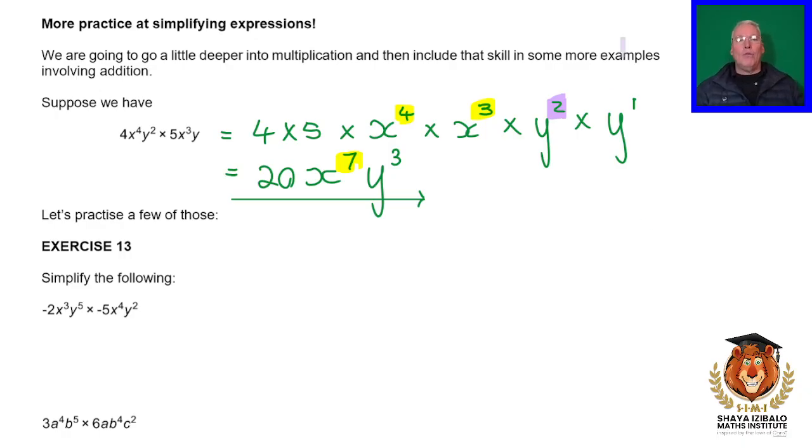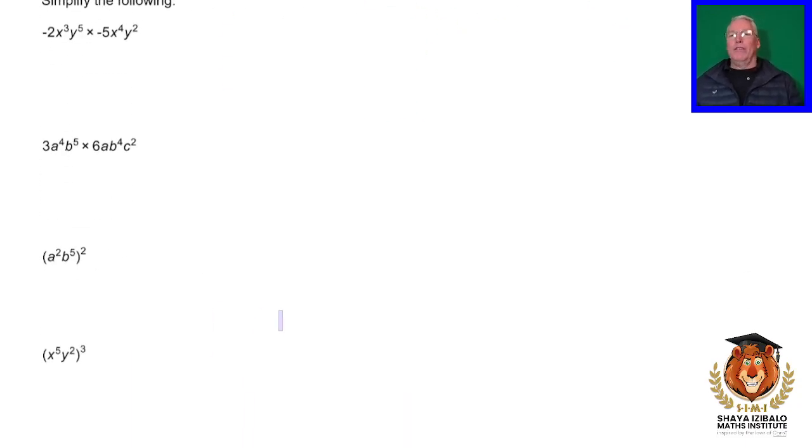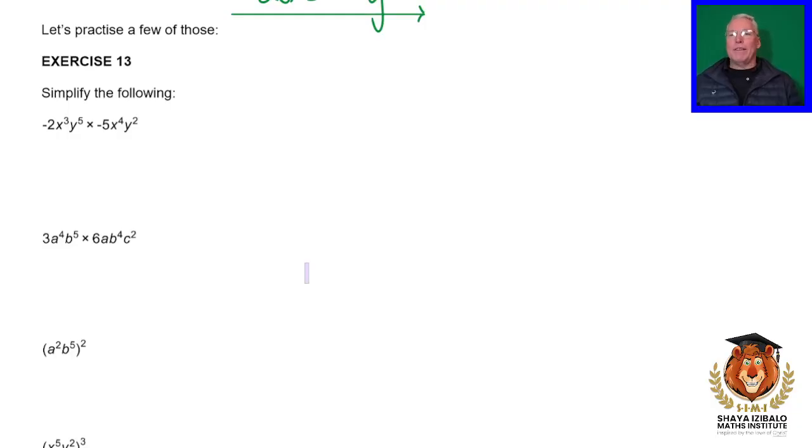But that 2 and that 1, they add together. Now we're mixing it all together because we're also going to involve our integers. So everything's coming together. Notice if you don't know what 2 times 5 is, this first question is going to be very difficult for you. But pause the video, try exercise 13 and then let it play.